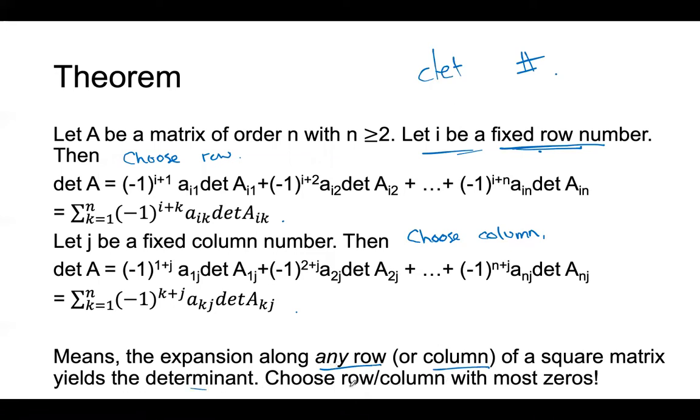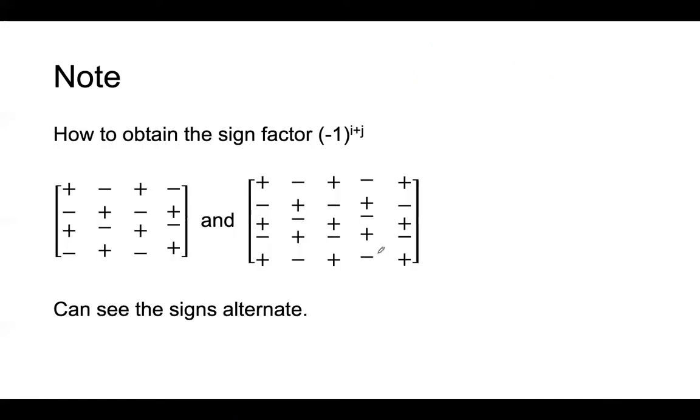So you could choose the row or column with the most zeros. It's your choice. An easy way to look at the coefficient is positive, negative, and so on. You start with positive, then negative, positive, negative, and you find the entry corresponding. So the signs essentially alternate.